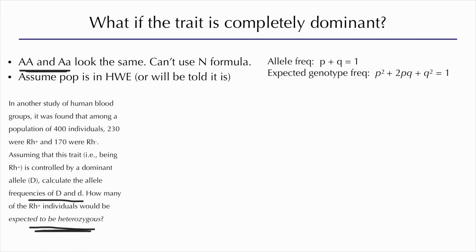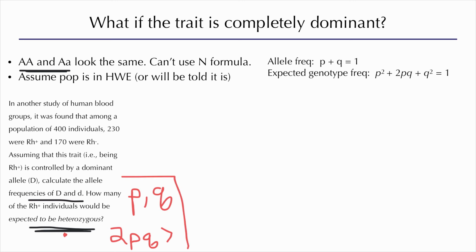They're asking us to calculate the frequencies of the two alleles, so in the end, we're going to need to find p and q. They're also asking how many are expected to be heterozygous. We could also call those carriers in a completely dominant situation. So we need to solve 2pq to find the expected frequency of heterozygotes.